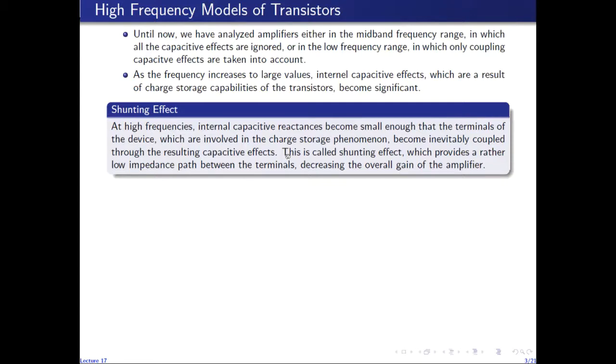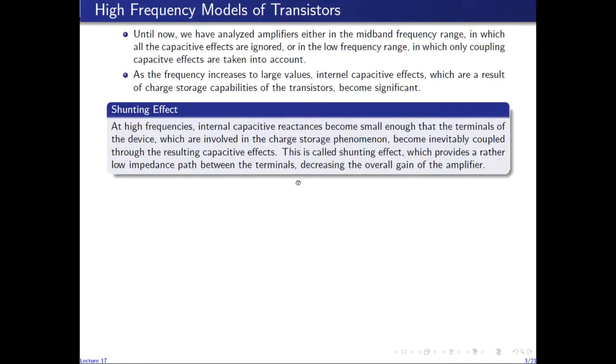Because at high frequencies, the capacitive reactance of such capacitors becomes so small that we cannot ignore it anymore. So this is called the shunting effect, which provides a rather low impedance capacitive path between the terminals, which wasn't there before when we analyzed the amplifiers in the mid-band or low frequency ranges.